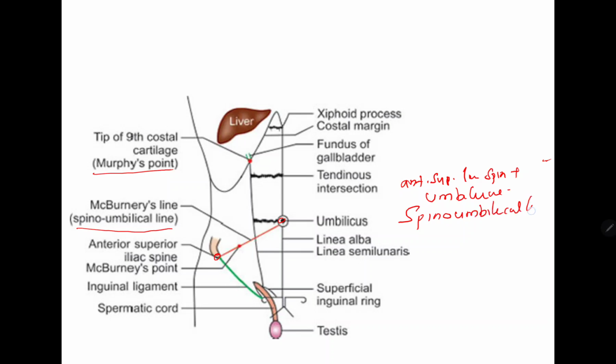McBurney's point is the point between the medial two-third and the lateral one-third of this spino-umbilical line.